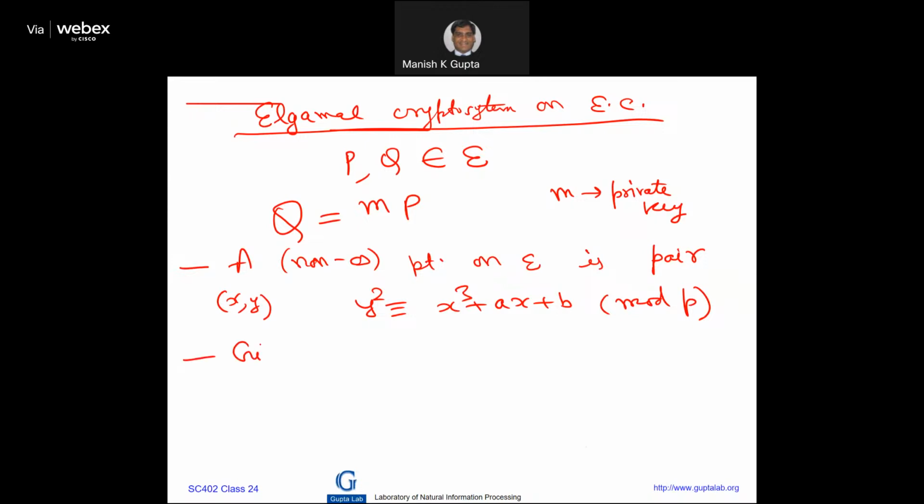Now observe that given a value for x, there are two possible values of y. If I choose one value of x, we get two possible values of y, as long as this is non-zero. If it is zero, then obviously that's not an interesting case. As long as this is non-zero, for each value of x we will have two values of y.